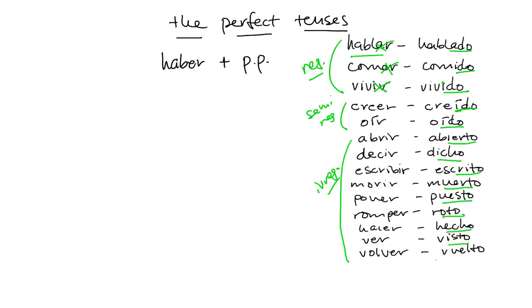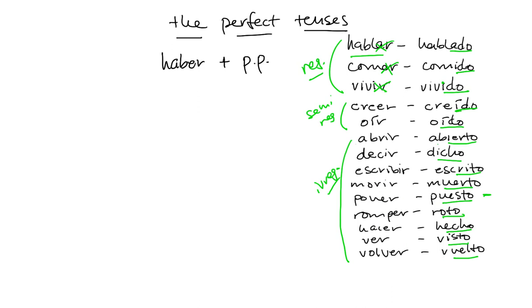Ver, visto. Volver, vuelto. And any combination of these verbs would work the same way. For example, here we have poner, puesto. If the verb were componer, which is to put together, to fix, then it would be compuesto. Or devolver, for volver, would become devuelto. Okay, so that's how we get the past participles.